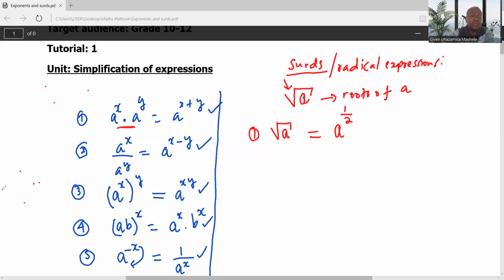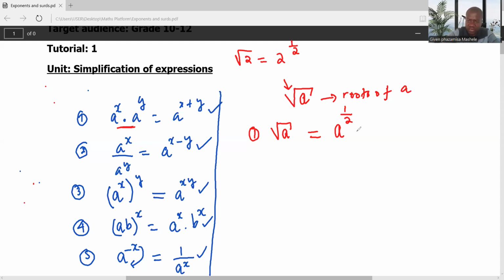So what does this mean? It means when we are given a radical, for example, the square root of 2, if we want to change this into an exponent, this will be 2 to the exponent of half.